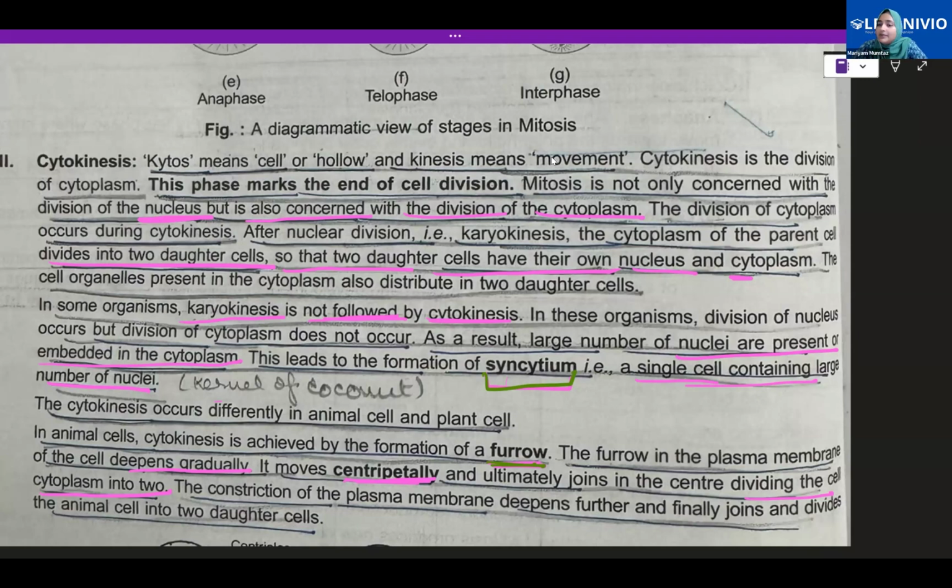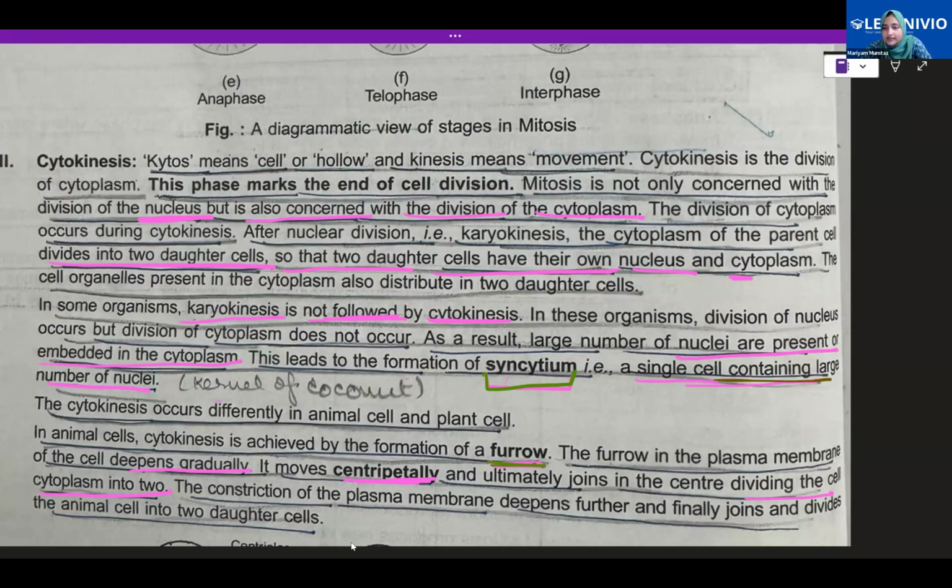But what would happen if the karyokinesis is not followed by cytokinesis? In that case, a multicellular situation will be there. I mean, not multicellular, a multinucleated situation is going to be there. One cell, multiple nuclei, right? So that situation is called syncytium, a single cell containing a large number of nuclei.